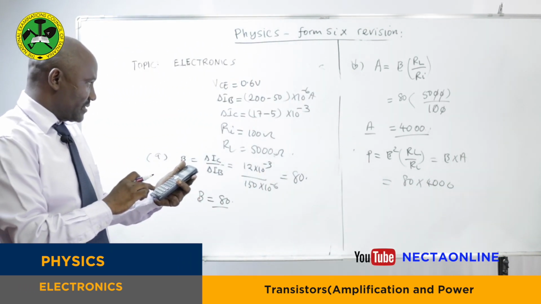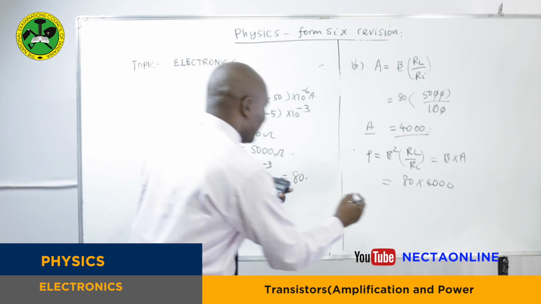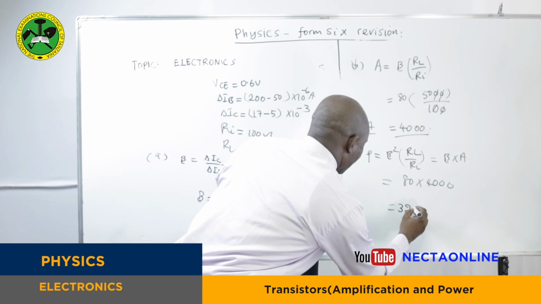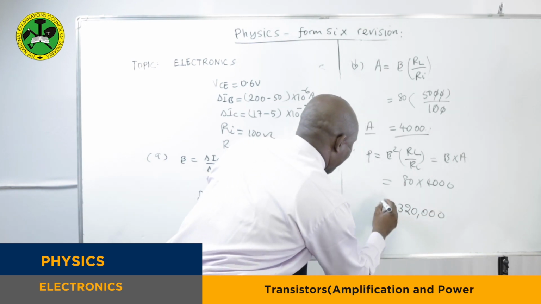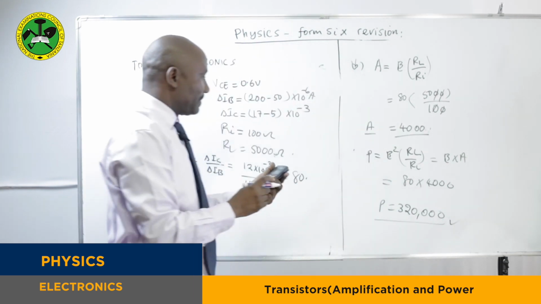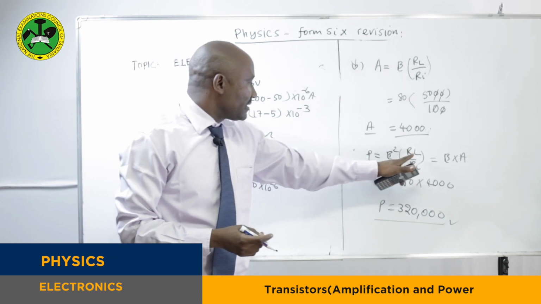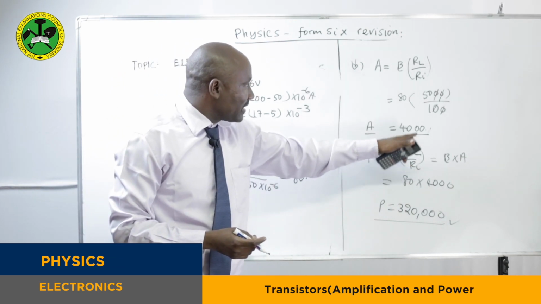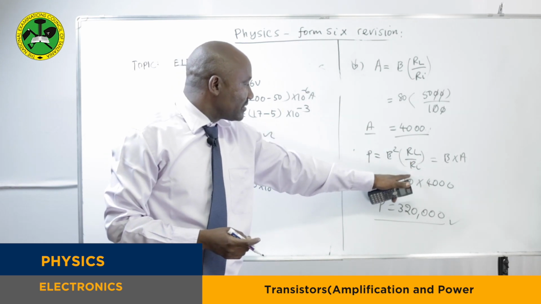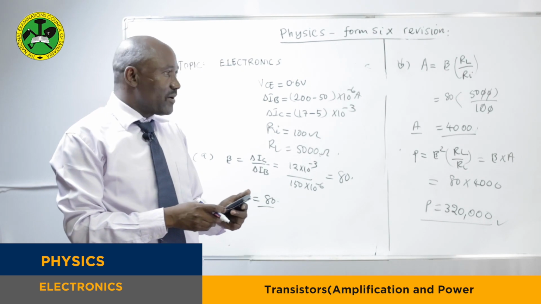You get 320,000. This is the power gain. You can use the same principle, beta squared, the current gain squared, times the ratio of the output resistance over the input resistance. You get a value of 320,000 as the power gain.